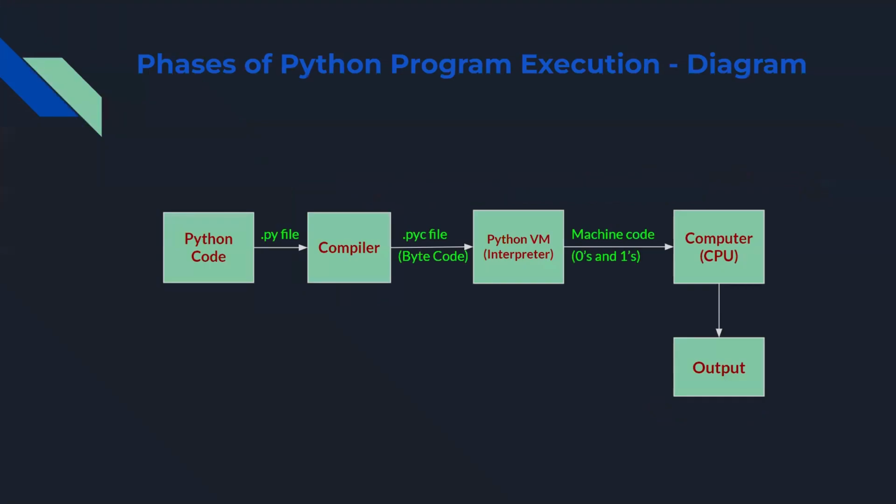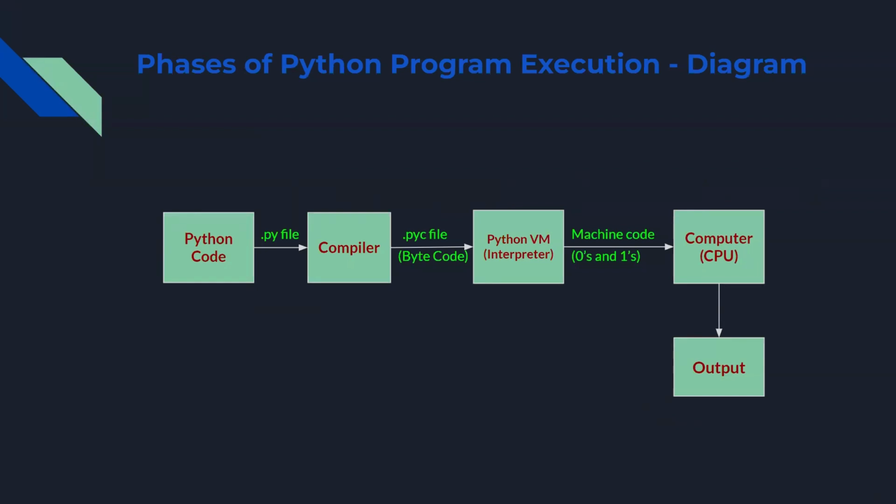Now, coming to the block diagram, as you can see, whenever you write your Python code or a Python script, it is always a .py file. This .py file is first taken up by the compiler and converted into a .pyc file. A .pyc file is nothing but the bytecode of the file.